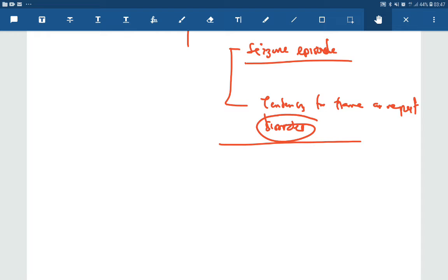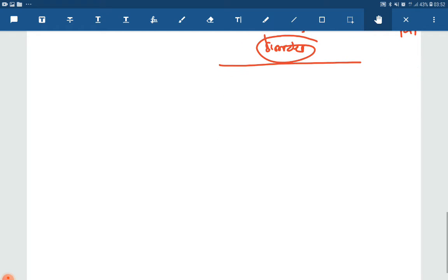And this includes, number one... ILAE is the International League Against Epilepsy, and there was a consensus in 2014 on the features or definitions of epilepsy, and this is what I would like us to look at.